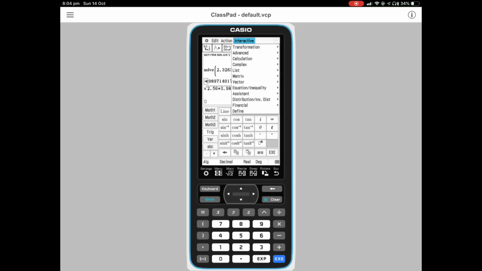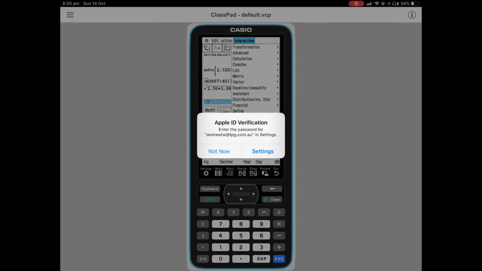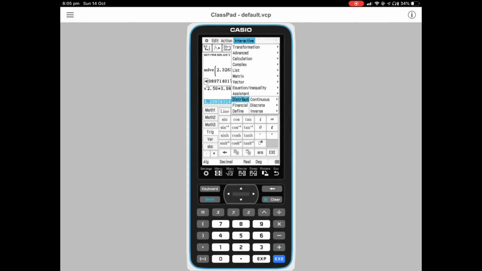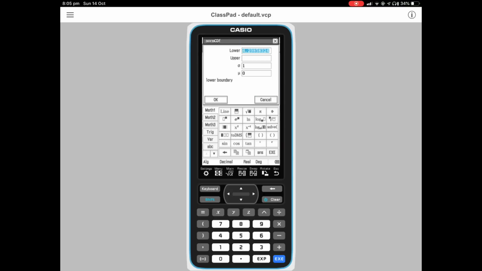And 190. Distribution, continuous, norm CDF. So that's my standard deviation.